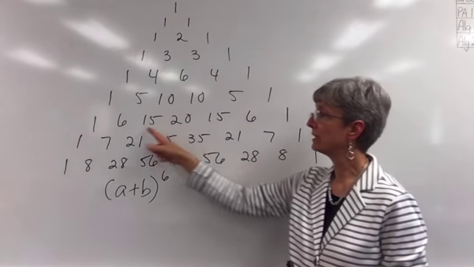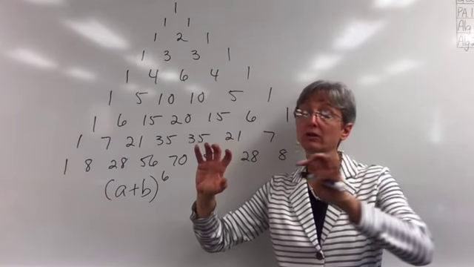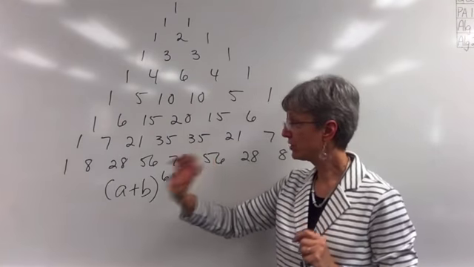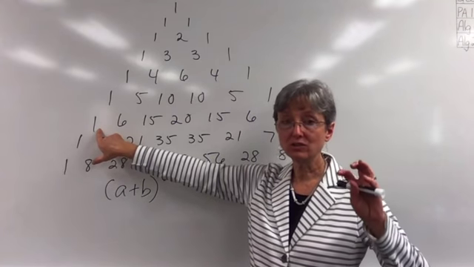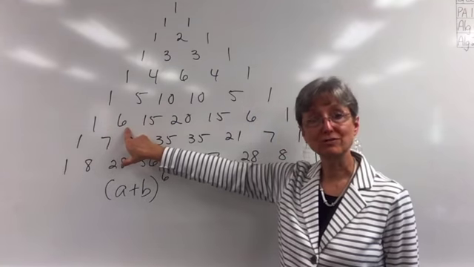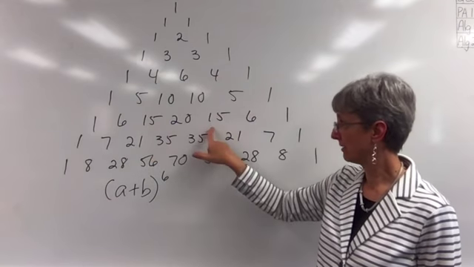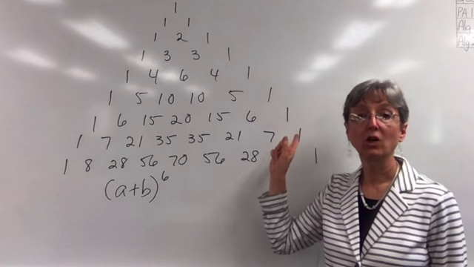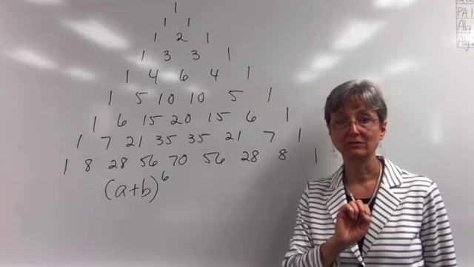Those are going to be my coefficients in front of each term in my answer. My first term in my answer will have a coefficient of 1. My second term of my answer will have a coefficient of 6. The next one, 15. The next one, 20, 15, 6, and 1.